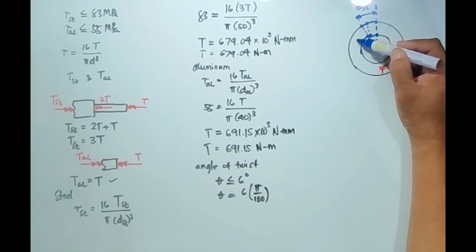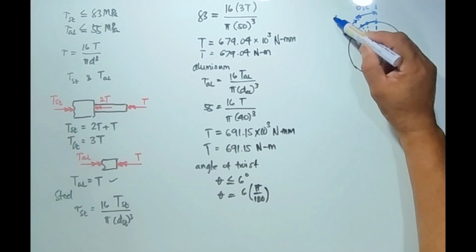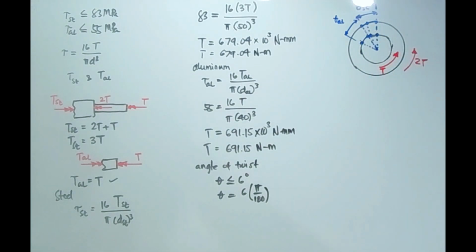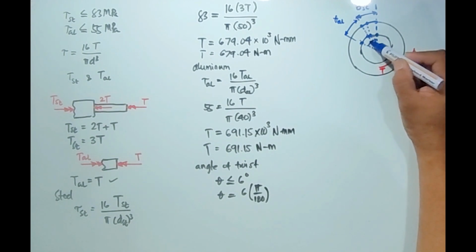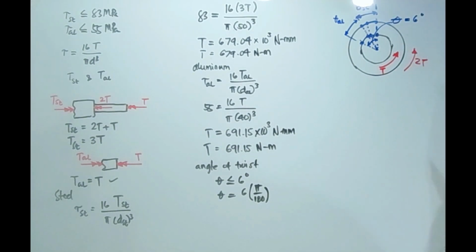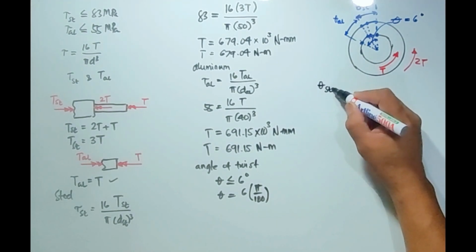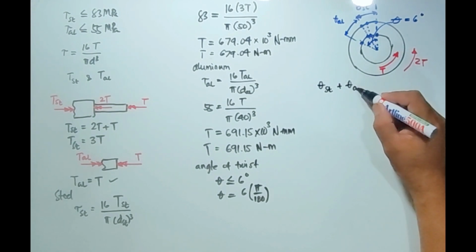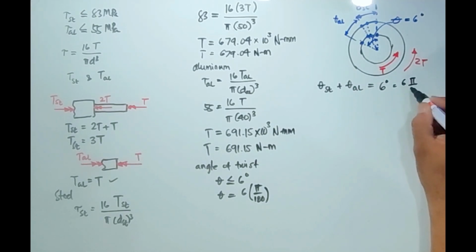And this will be the angle of twist for the aluminum. And this total rotation is called the total angle of twist, which is 6 degrees. So from this diagram, we can say that the angle of twist for the steel plus the angle of twist for the aluminum is equal to 6 degrees, or that's 6 pi over 180 radians.